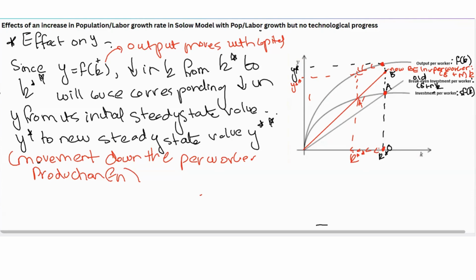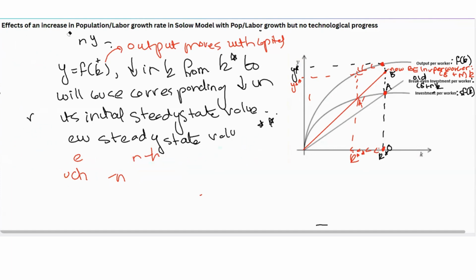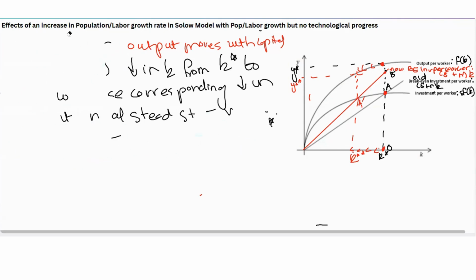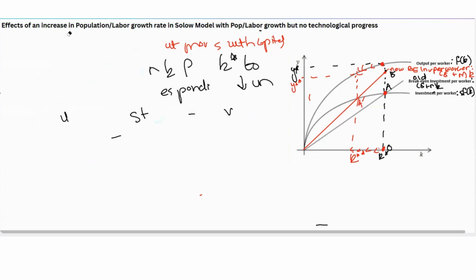So in the new steady state, which is at A double prime, we have k equal to k double star and y equal to y double star, and both of them are lower than their initial steady state values, k star and y star respectively.